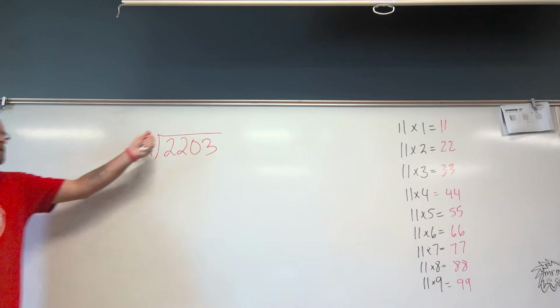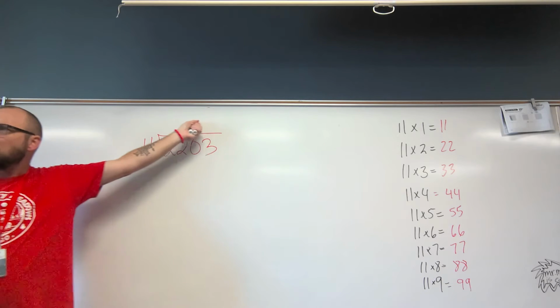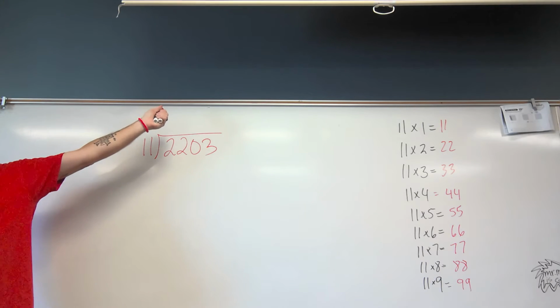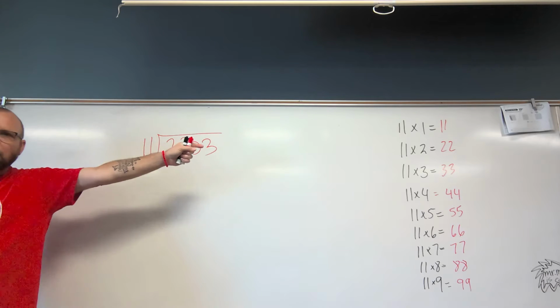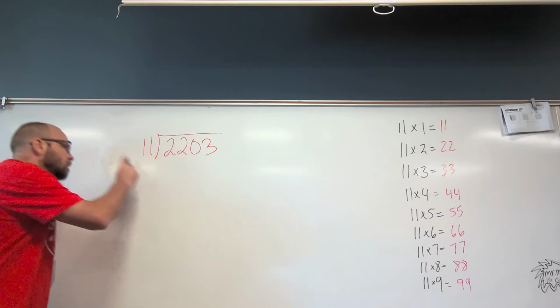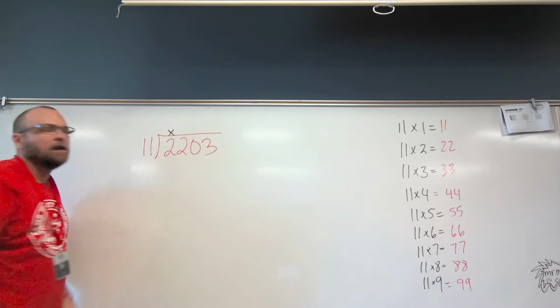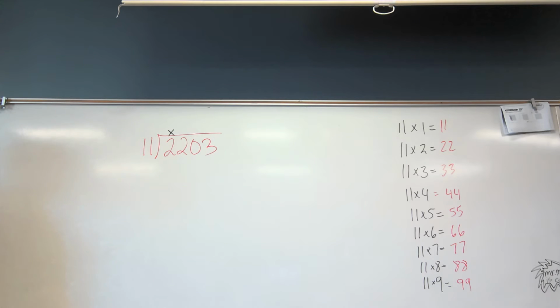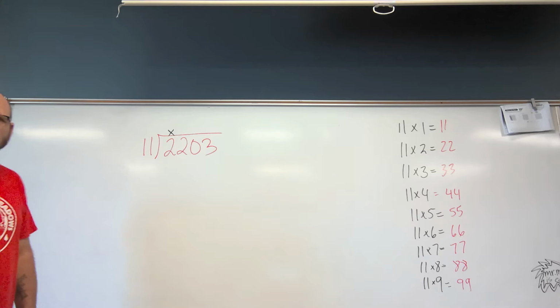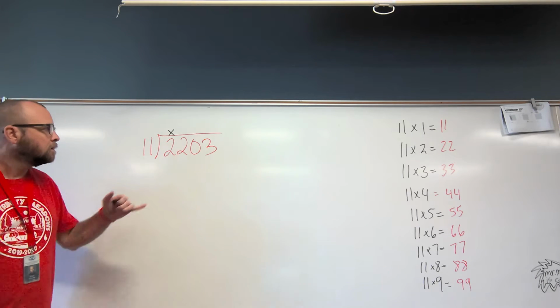Now, in my quotient, I am only writing down one number at a time. Only one number at a time. So, does 11 go into 2? I'm not going to have a number above that 2. It's very important where you put your numbers in your quotient. And this problem will show an example of why it's important.